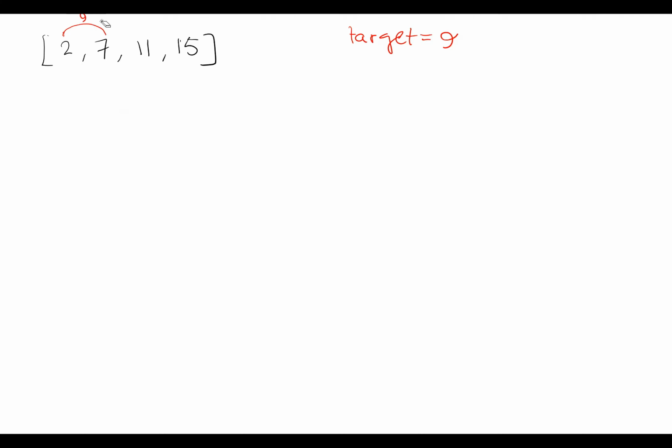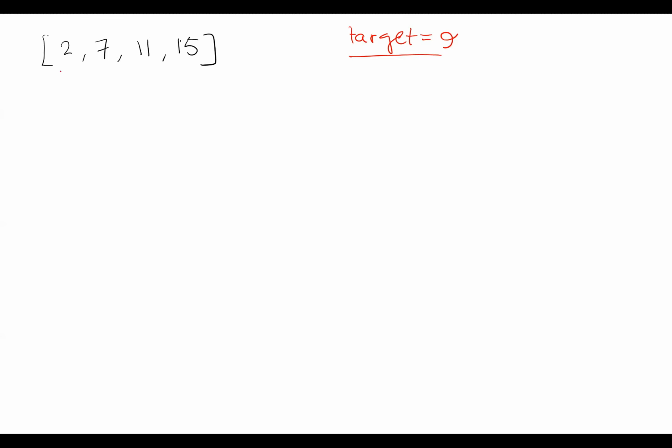So in this solution, what we can do is try every pair and see if that pair sums up to the target. That's an easy solution, I would say the naive solution. How many elements are here? N, right?